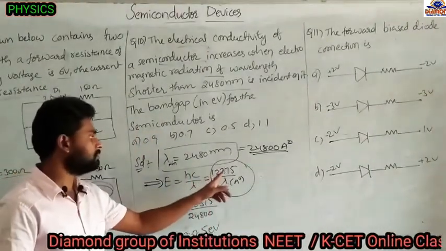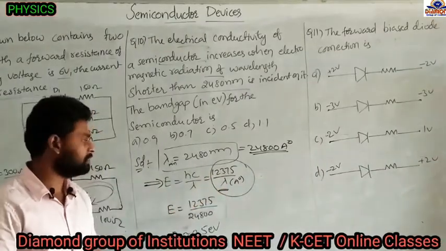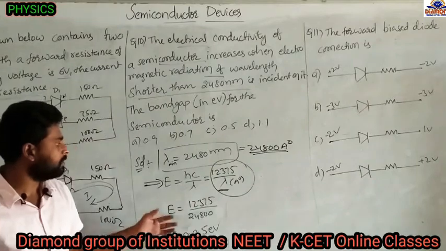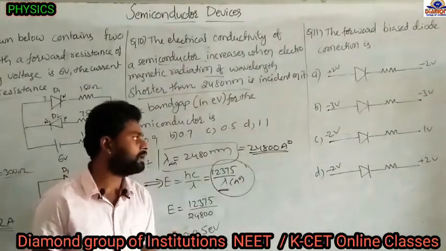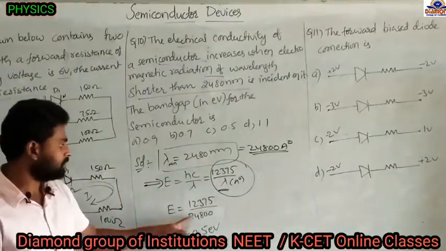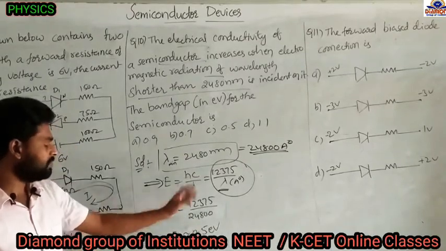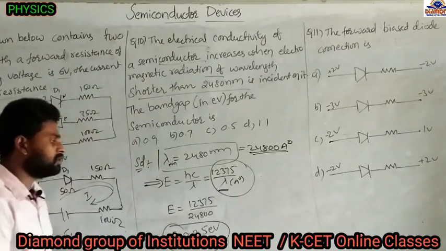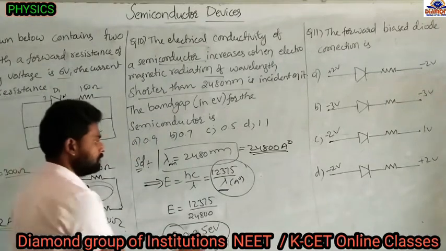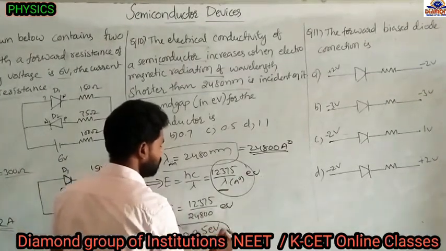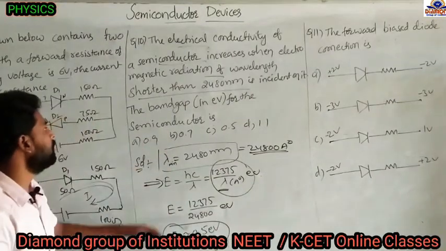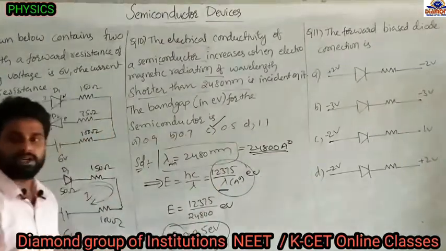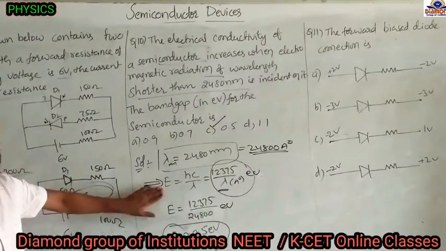So 12,375 by wavelength in angstroms, that is 12,375 by 24,800. If we simplify this, we get the energy gap value as almost 0.5 electron volt. The unit of this is electron volt. So the band gap value is 0.5 electron volt. C option is the right answer. Very easy question.